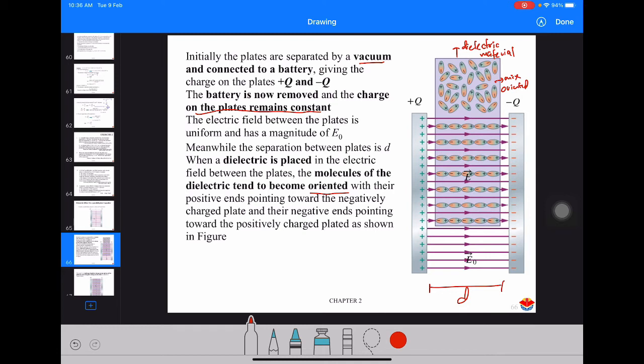You can see here the positive terminal will be pointing towards the negative, while the negative will be pointing towards the positive. The same thing happens across all the molecules inside the dielectric material, as shown in this figure.